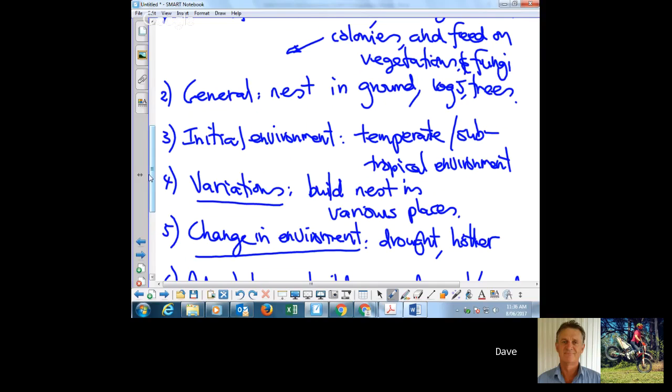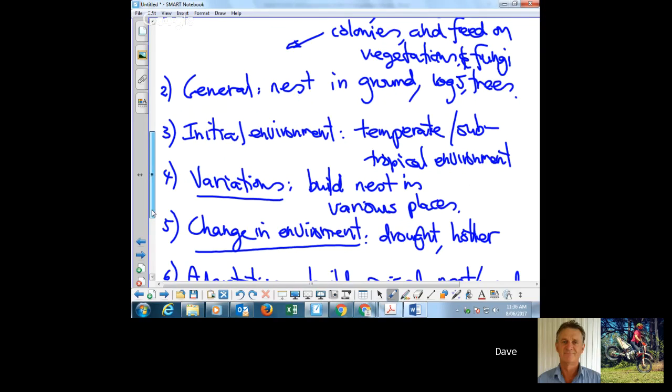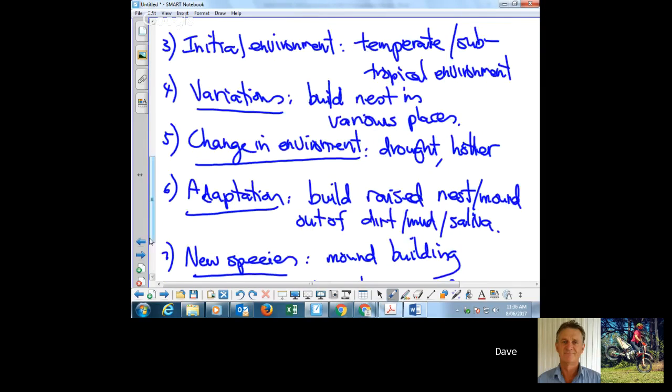And then change in environment. From research, it says the introduction of feral cats has been a big contributor to why their population has declined so much. And so the area where even the cats can't survive, that's why the bilbies are so restricted to places without water, like the desert.